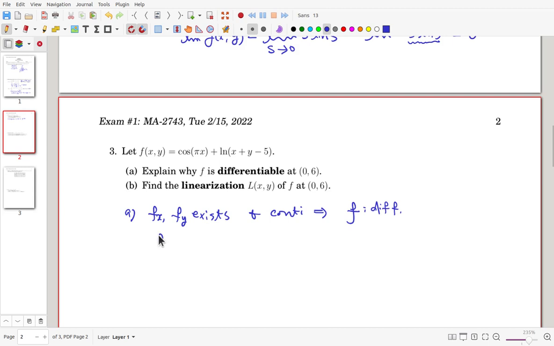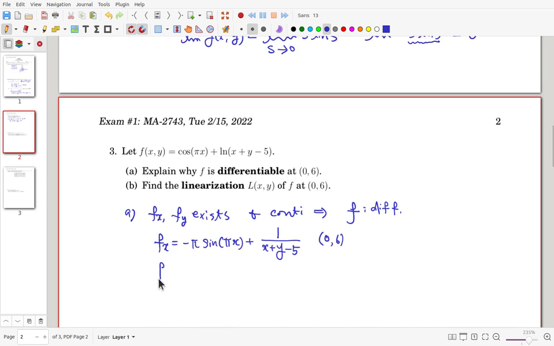Okay, let's get f sub x. That is minus pi sine pi x, the x derivative, plus on the bottom x plus y minus 5, and the top is 1. Around 0, 6, this is a continuous function. In fact, at 0, 6 that is now 1, and this is well defined, a continuous function.